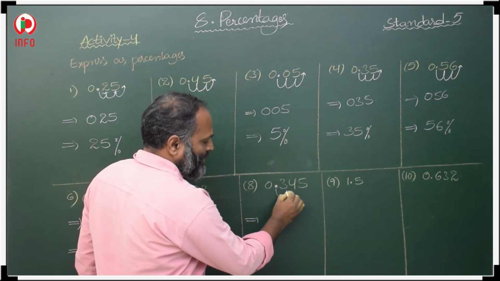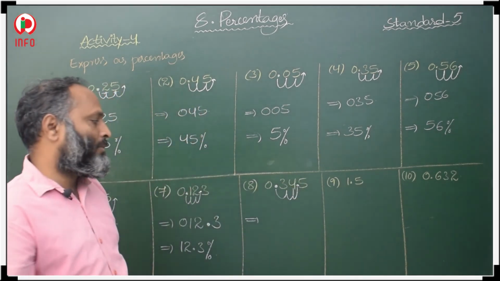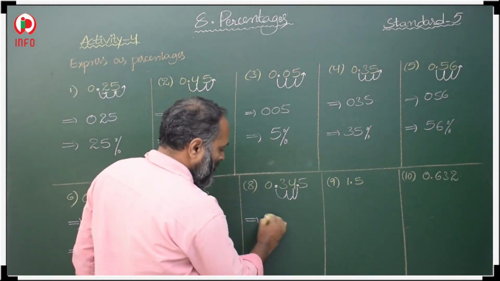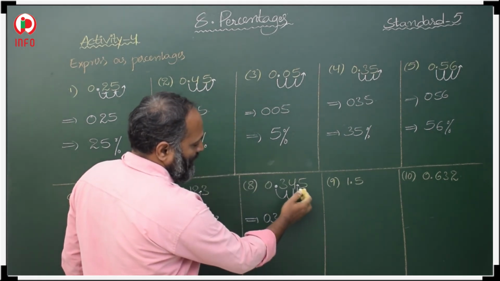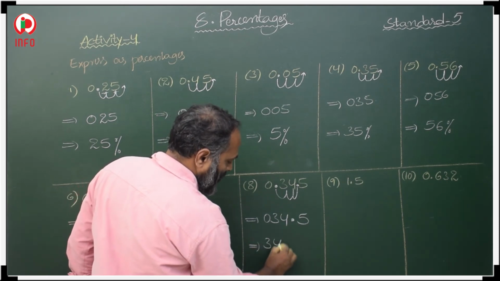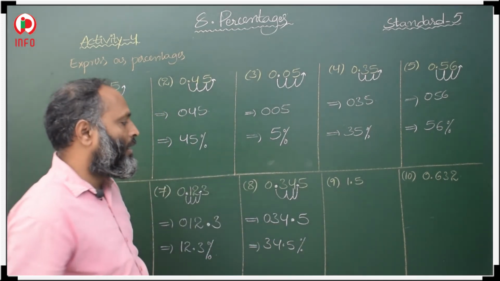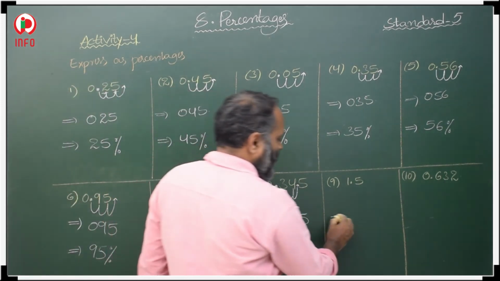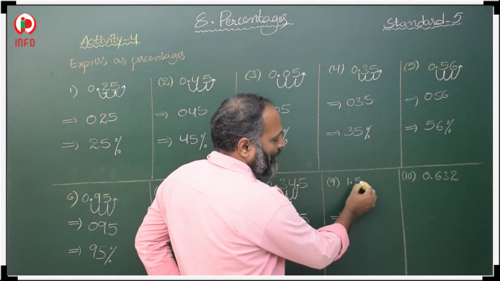This is first place, this is second place, after the second place, means after 4 the decimal point will come, that is 34. We have to keep the point, because after the point 5 is there, that is 34.5%.